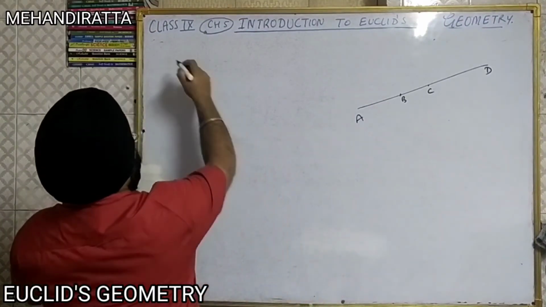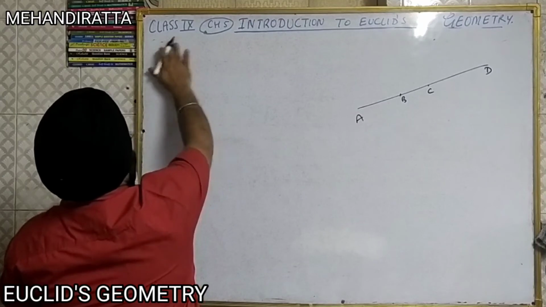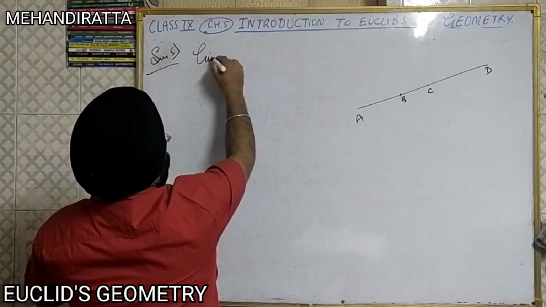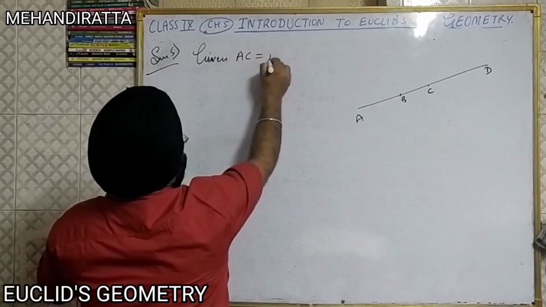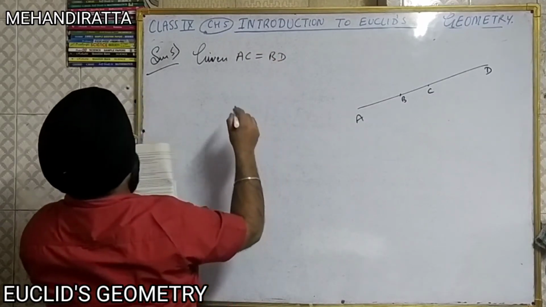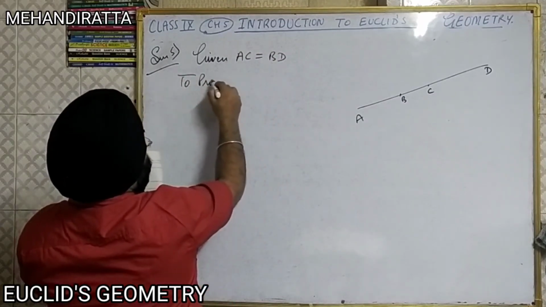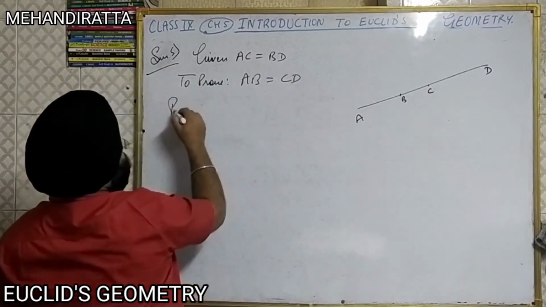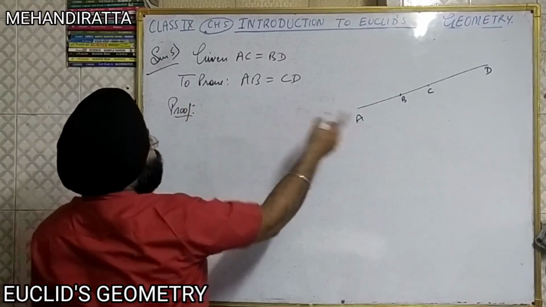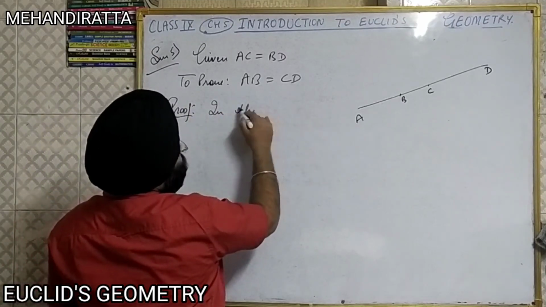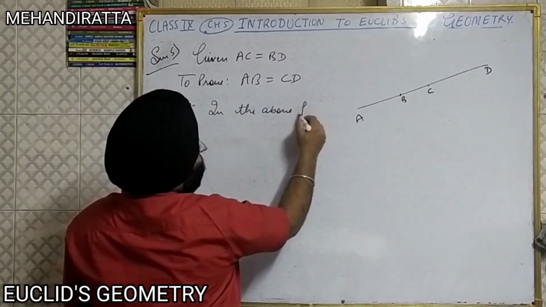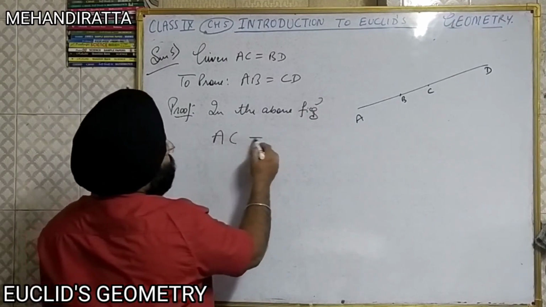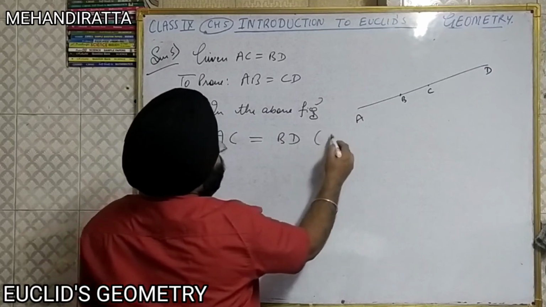Given AC equals BD, to prove AB equals CD. Proof. In the above figure, AC equals BD, given.